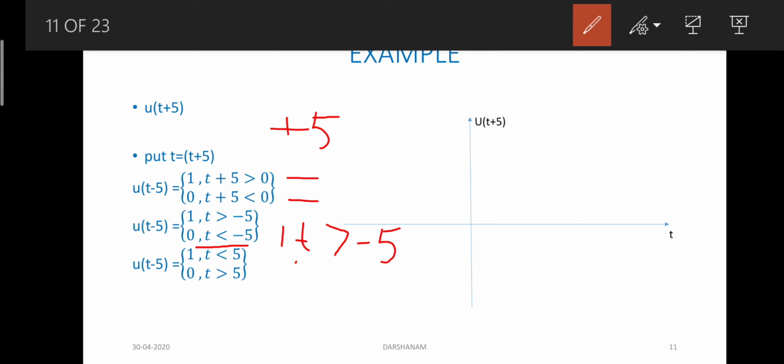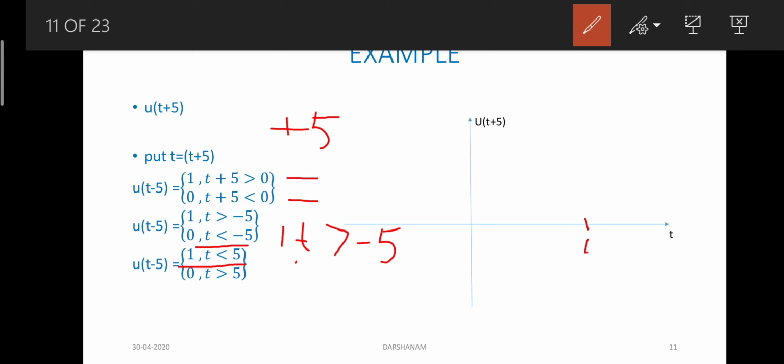Since we know that when multiplying with a negative sign, the inequality will change, that is, less than becomes greater than and greater than becomes less than. So here the u of minus t plus 5 is 1 for t less than 5 and 0 for t greater than 5.